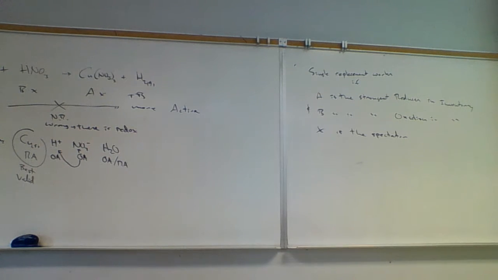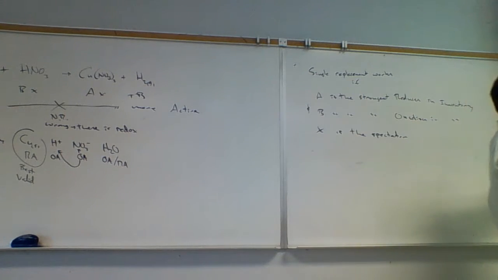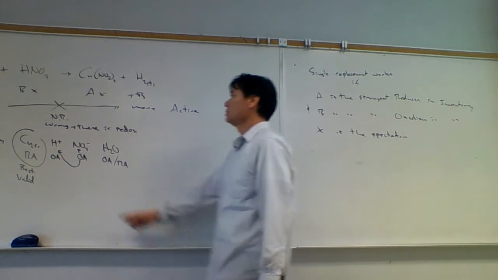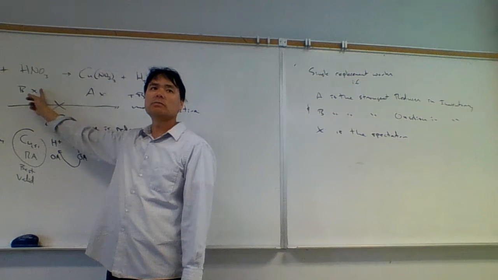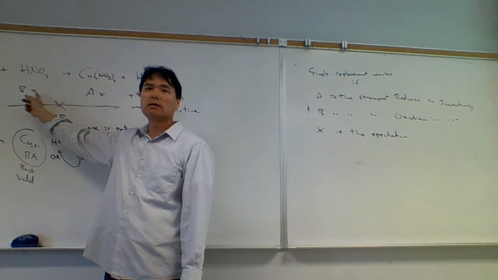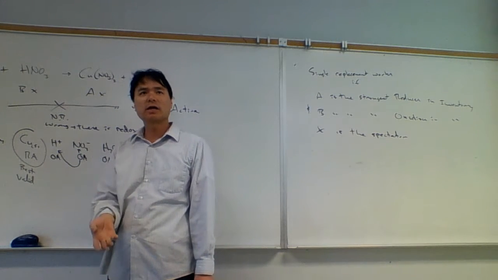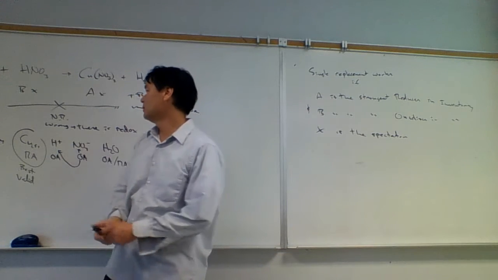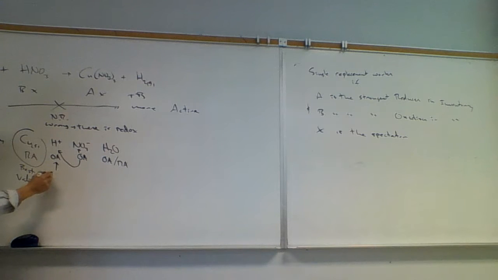The first oxidizing agent that we hit is nitrate. Well, single replacement says nitrate is not reactive. Single replacement says nitrate should be a spectator. But if nitrate is a more powerful oxidizing agent than H+, is it going to be a spectator? No, it's not going to be a spectator. So single replacement assumes this is the strongest.